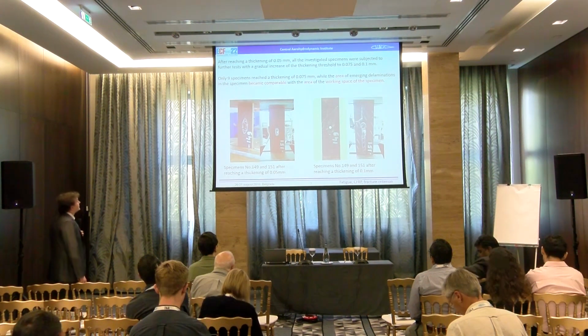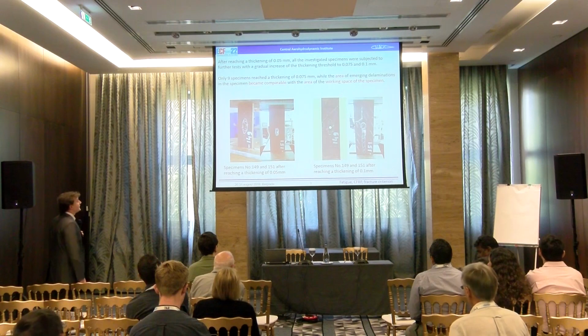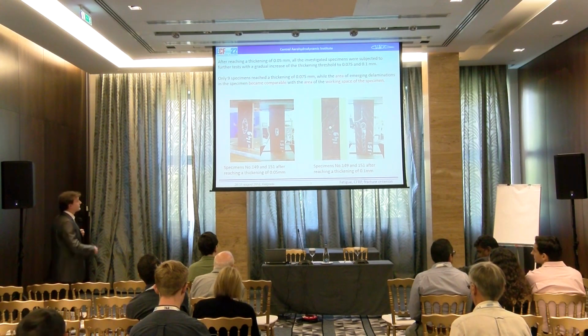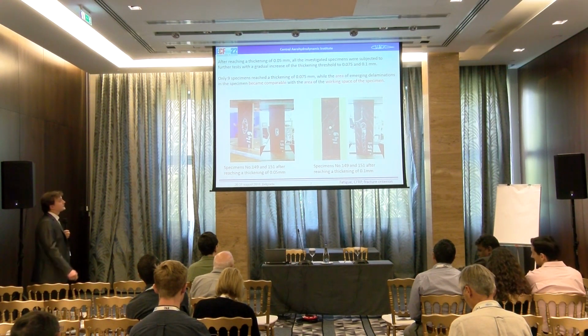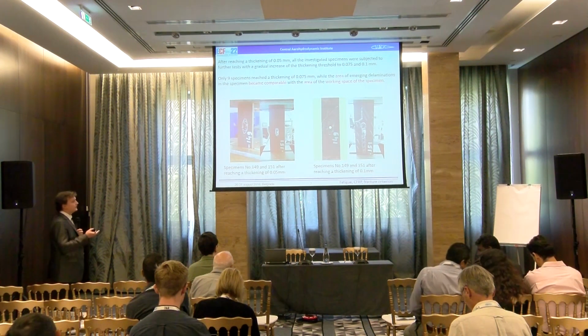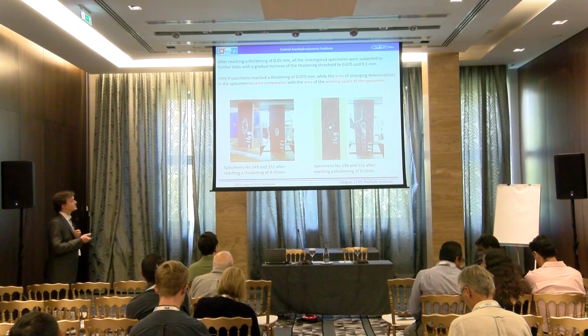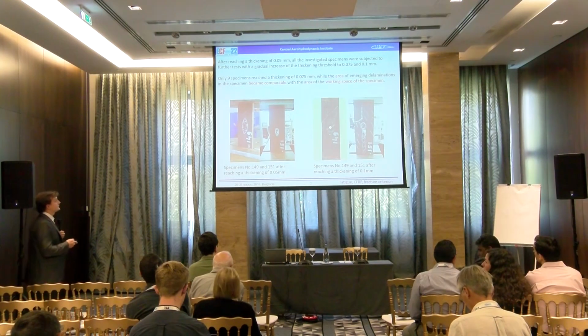But only 9 specimens reached a thickening of 0.075, and I should say that the area of delaminations became comparable with the area of the working space of specimens, and it worked as a detached specimen. It was sliced.